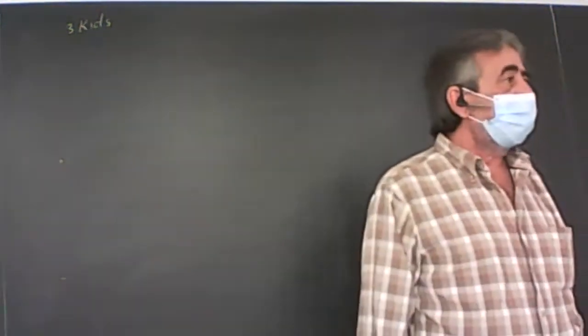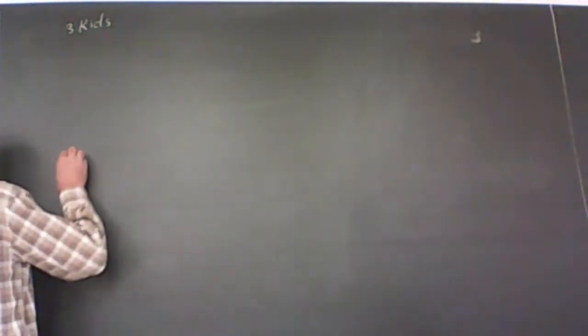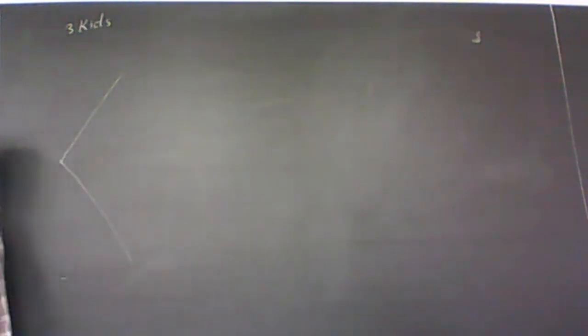So I'm going to make some kind of a tree to describe the scenarios one step at a time. The first kid they could have could be either a boy or a girl. So here's kid number one.